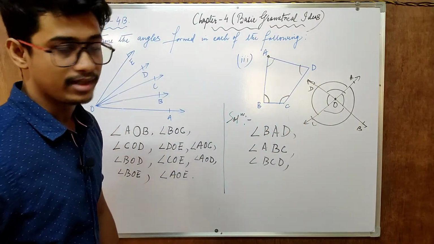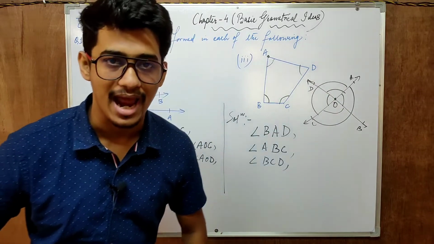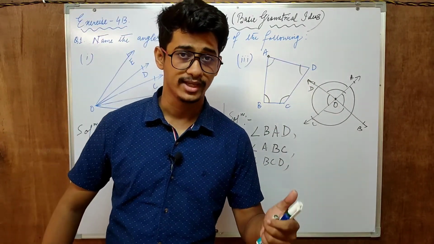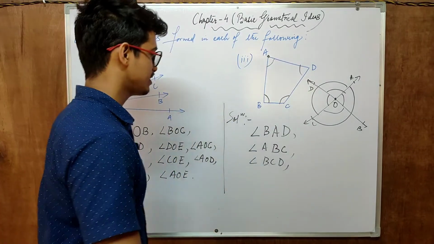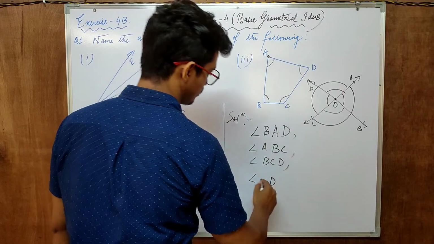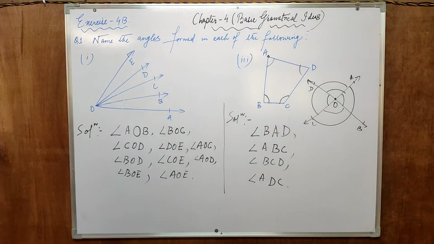Now you tell me, will D lie on the left, on the right, or in the middle? Definitely in the middle. Very nice. So D will be in the middle and the arm points will be on the left and on the right. So that is the answer of question number 1 and 3.